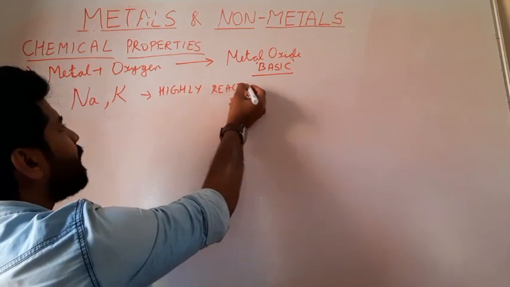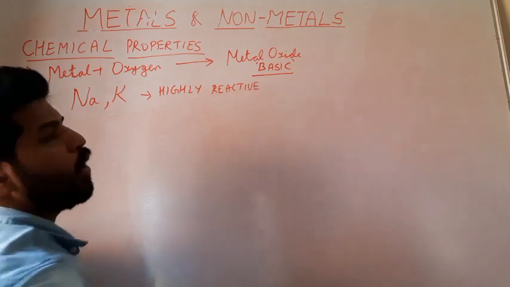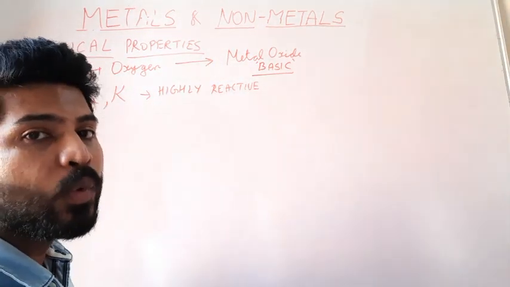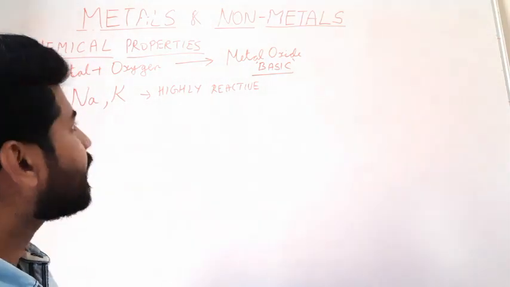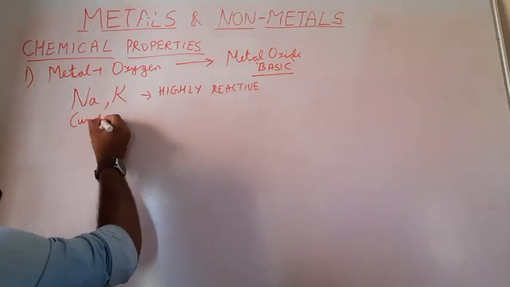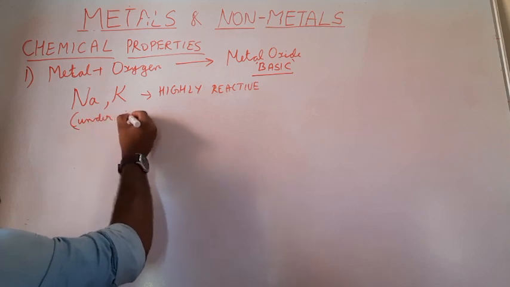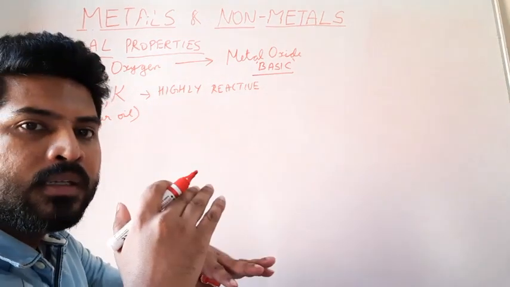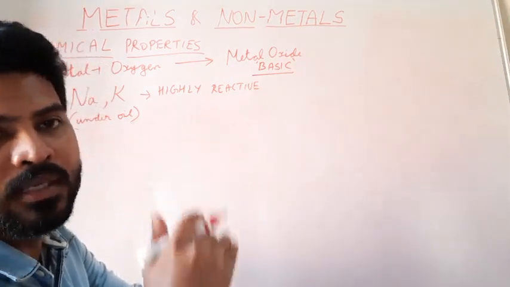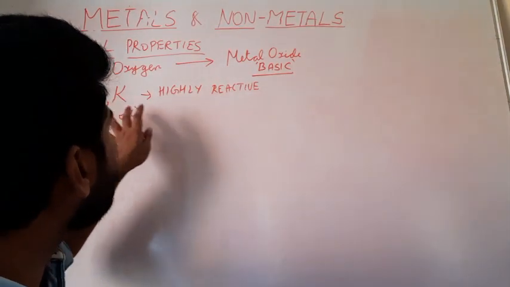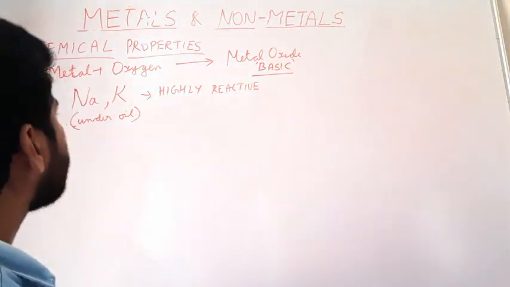If you keep these metals outside, they react with oxygen readily and they may even catch fire. That is why we store sodium and potassium metal under kerosene oil, so that there is no contact with oxygen and the reaction is cut off. So metals like sodium and potassium are highly reactive.